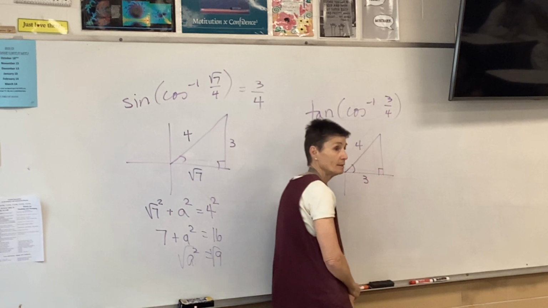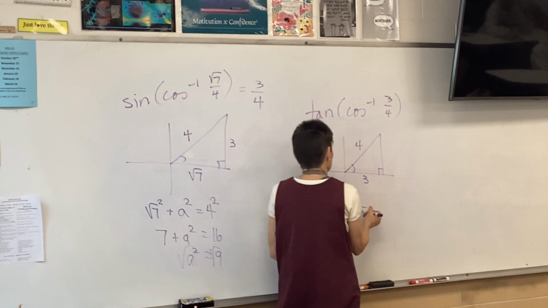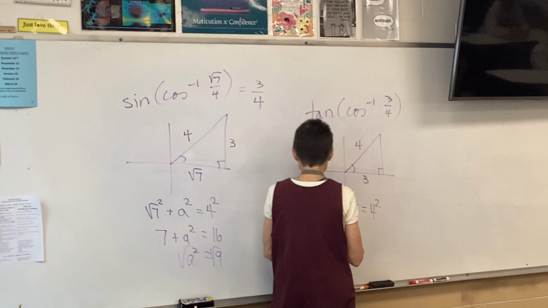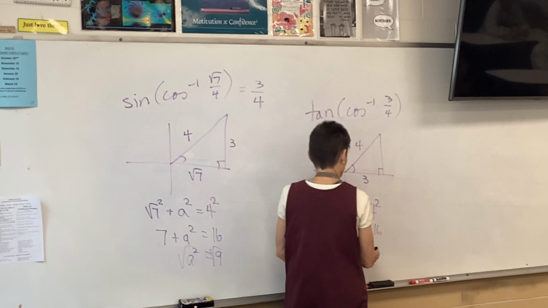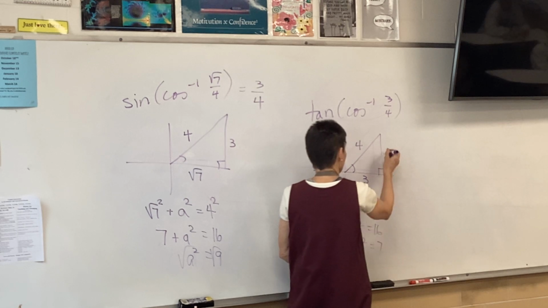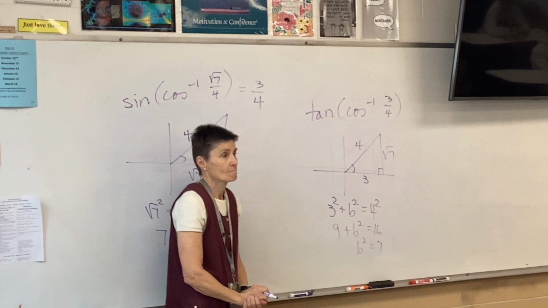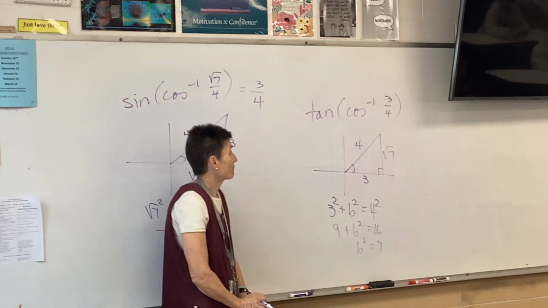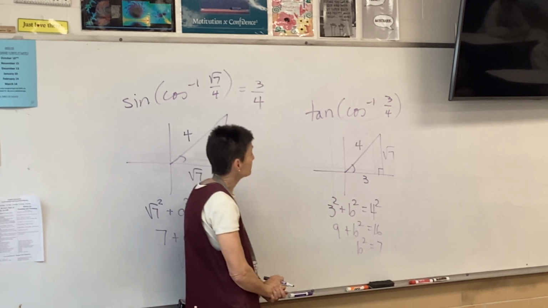Adjacent was 3. She said she got root 7 again. I think she's right. Did you all get root 7 for that? Yeah. My answer was 4 root 7/7.